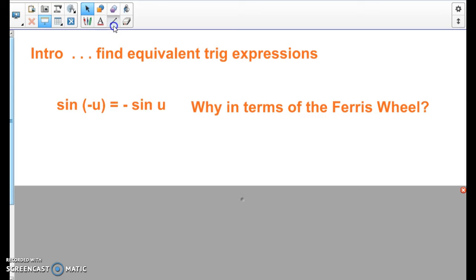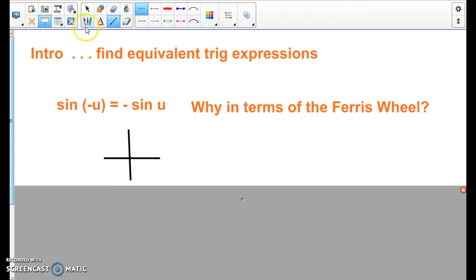So why does that make sense? Remember from the Ferris wheel situation, the sine is the height off of the ground. So if this is an angle u, negative angles go backwards, they go counterclockwise as opposed to clockwise. So this would be negative u. Now sine talks about the height of the Ferris wheel.